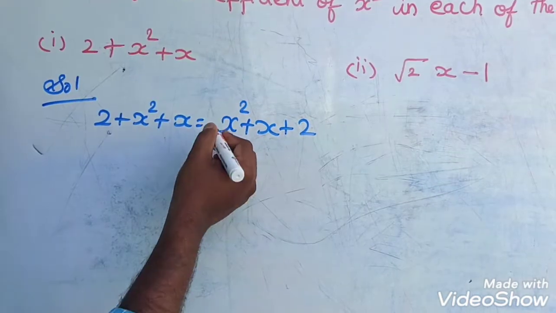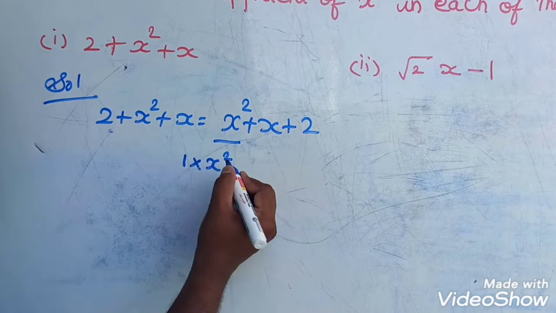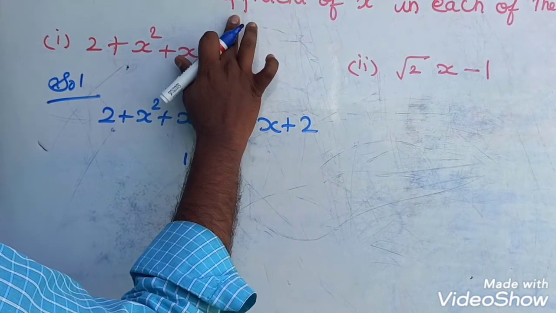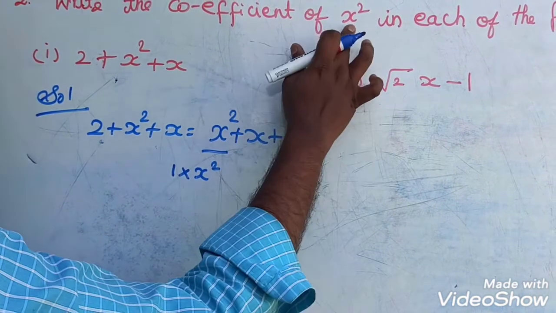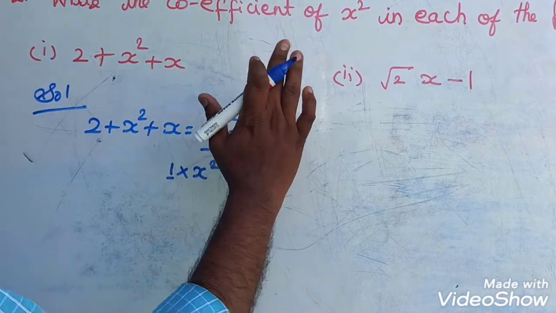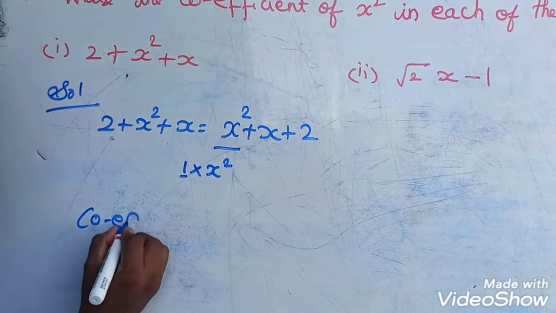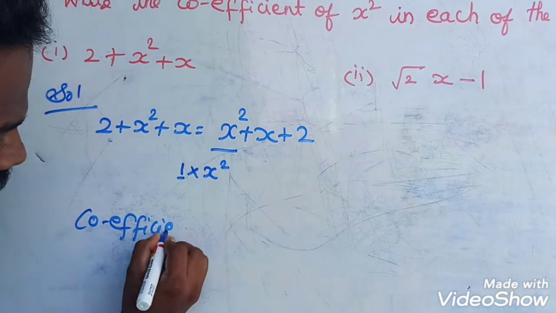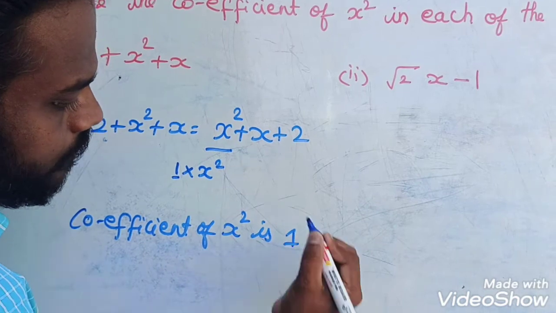Here, it is multiplied by 1, so 1 into x square. Coefficient is the product with the variable, so the coefficient of x square is 1.